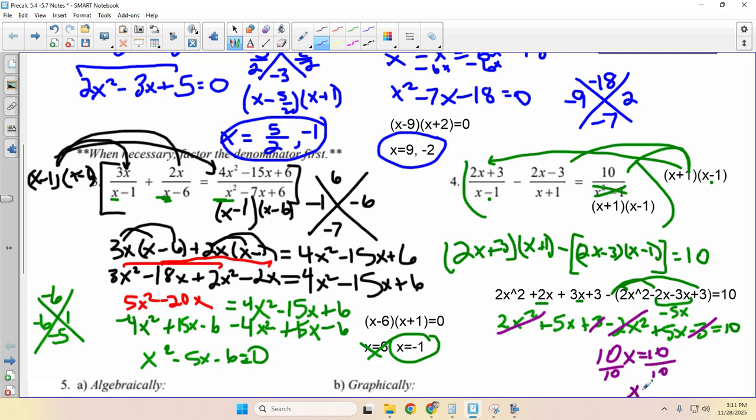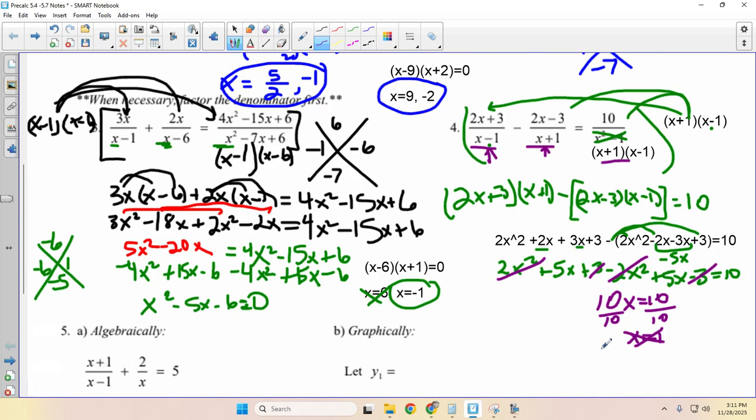And x equals 1. We're going to double check. Can we put 1 in our denominator? Well, we can put it in here, but we cannot put it here because it'll make our denominator 0. So this is not a solution, and in fact, there is no solution.